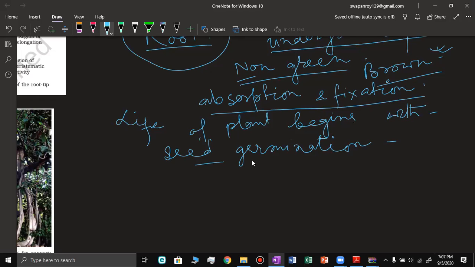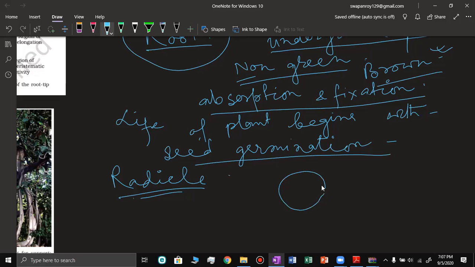When the seed is germinated, the radicle portion grows fast.